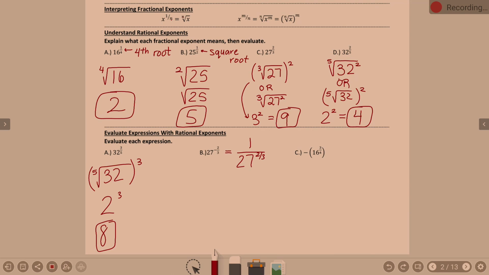Okay, now can we do the math here? So now we're just thinking about this as 1 over. Okay, what's happening with the 27? It's the what root? It's the cube root of 27 raised to what power? The 2. So, what's the cube root of 27?